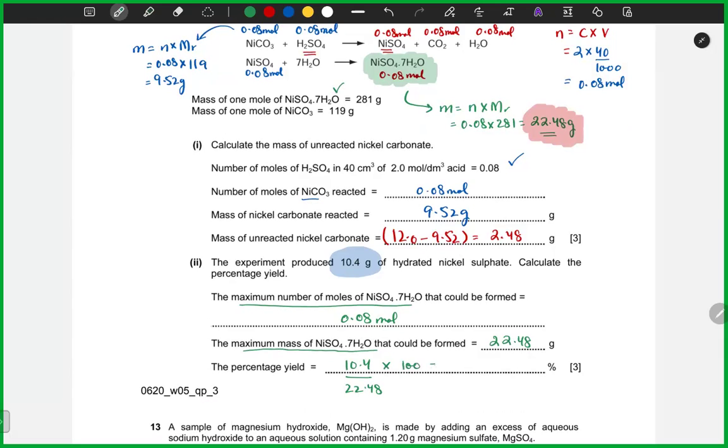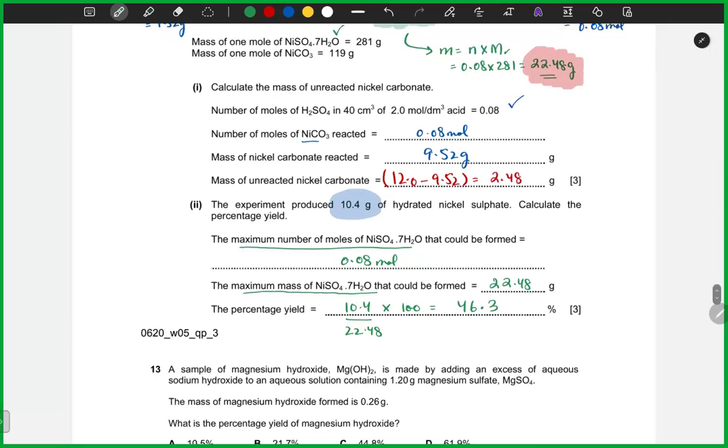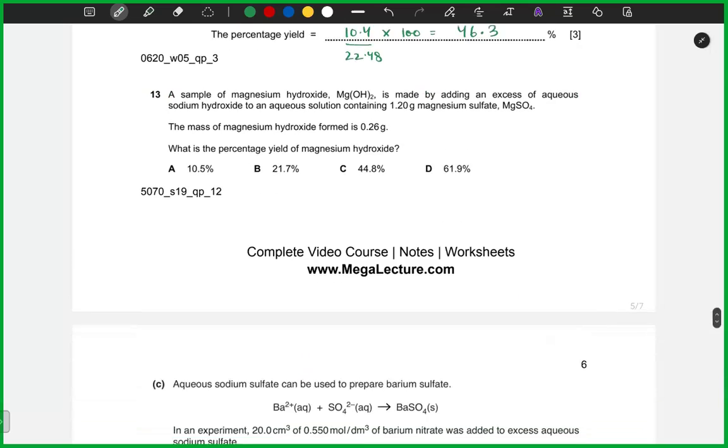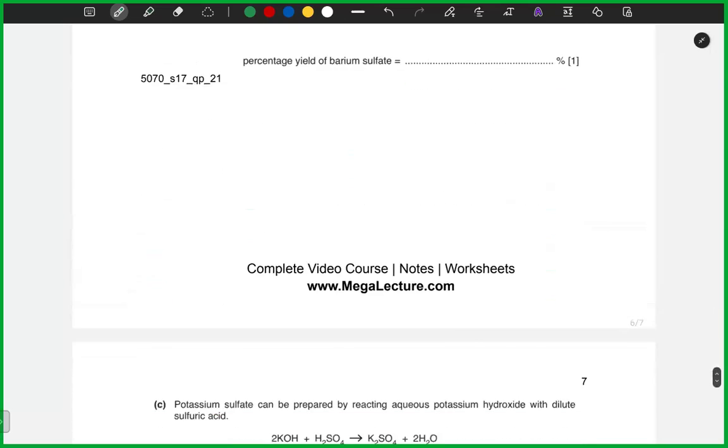So 10.4 divided by 22.48 times 100 is 46 point something. If I round it to 3 significant figures, I'm going to get 46.3%.